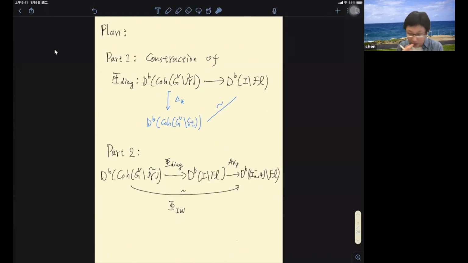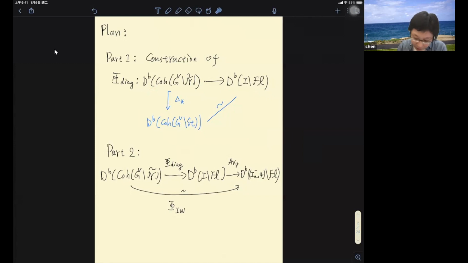And my talk will consist of two parts. In the first part, I will explain the construction from the equivariant derived category of the Springer resolution to the affine Hecke category. This functor is denoted by phi diagonal.